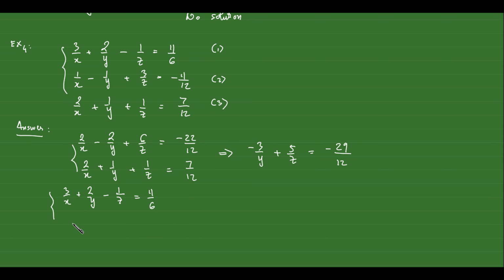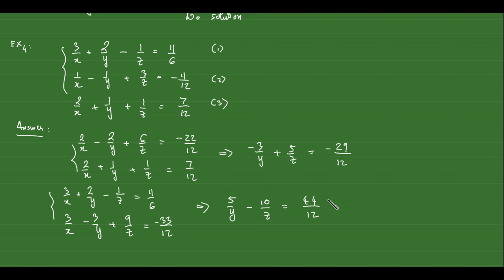I multiply the second by 3, so I have 3 over x minus 3 over y plus 9 over z equals negative 33 over 12. Now we're going to subtract. This minus this will be 5 over y minus 10 over z, right? This minus this will give you 44 over 12.